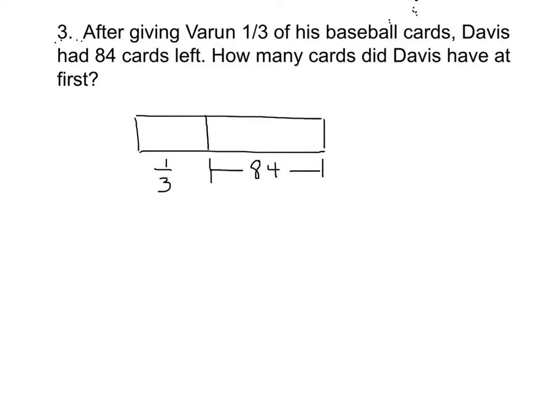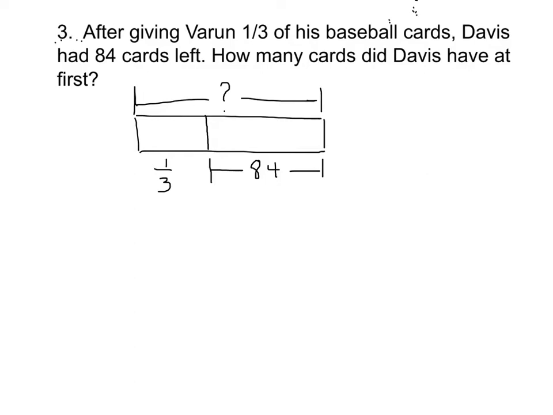And then what I want to know is, what is my whole? How many cards did he have before giving away that third? Okay, so this is a part whole problem. I know the part of 84, and I've got to find out how many cards were in that third. So if I could figure out what is in 1/3, then I can solve the problem.